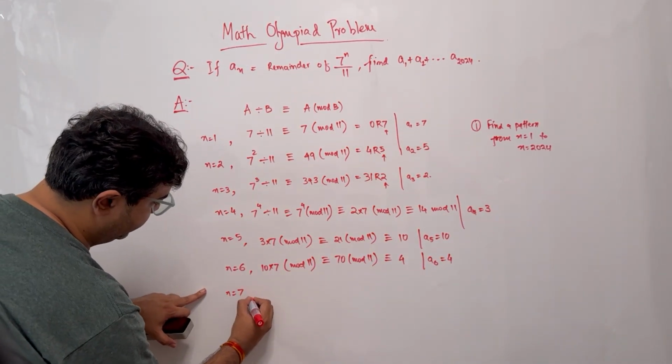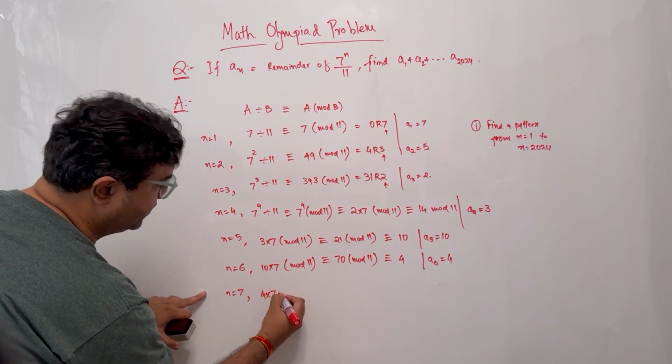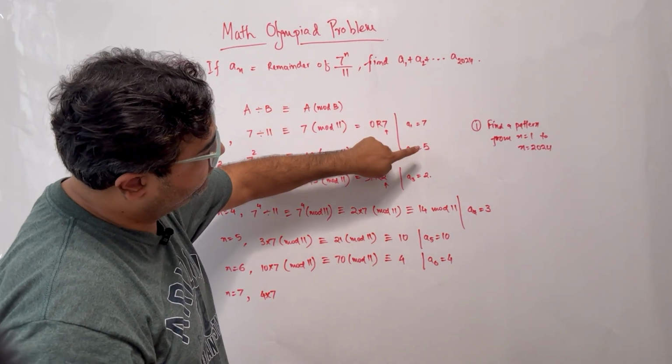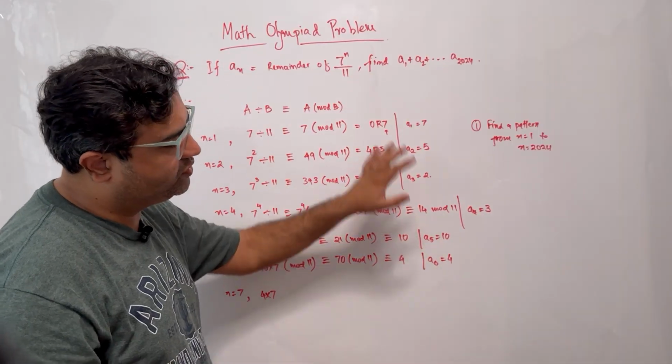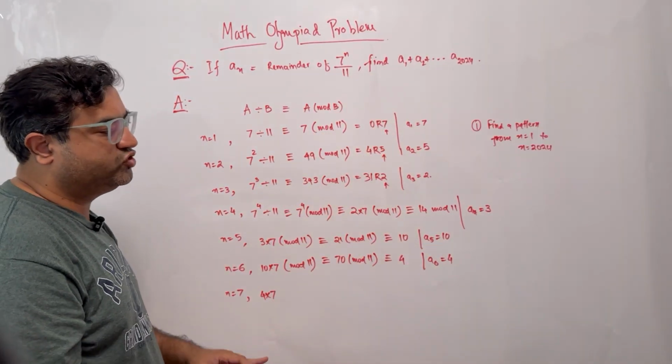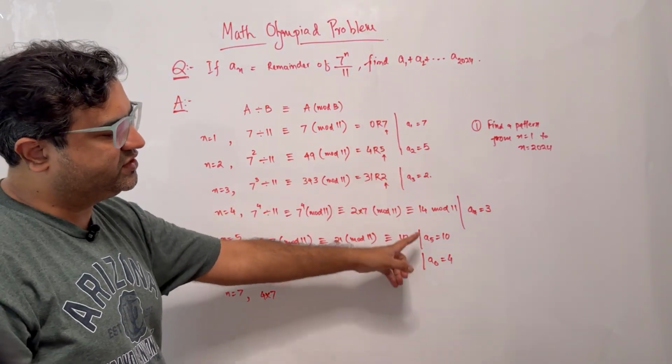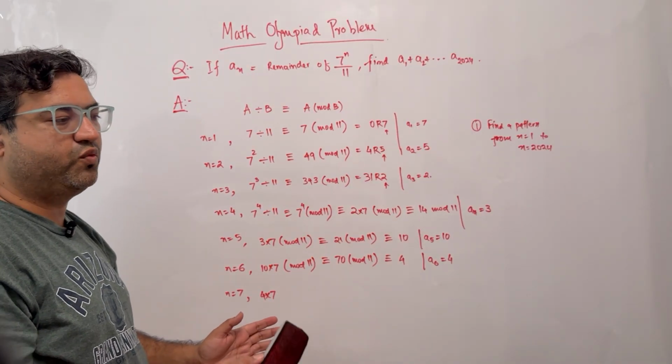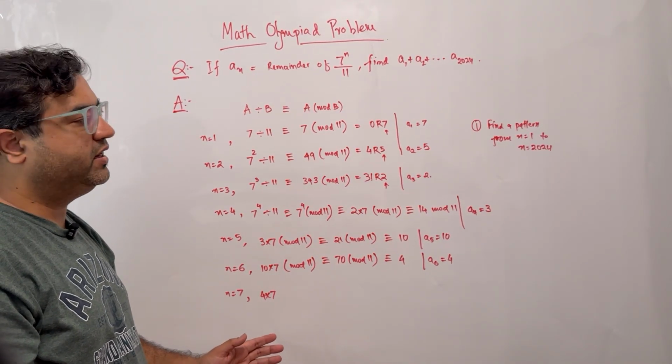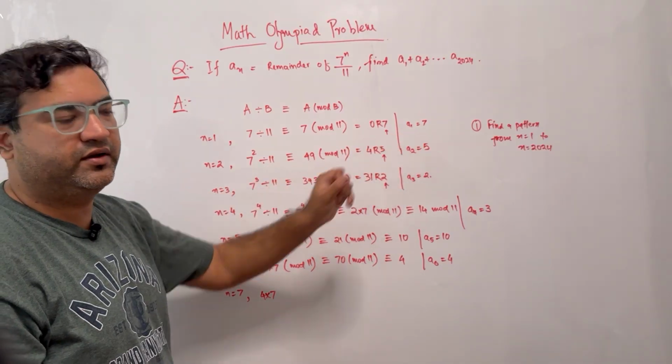N is equal to 6 is 4 times 7. So what we are seeing is 7, 5, 2, 3, 10, 4. There is no repeating pattern yet. So it seems like once it finishes the 10 digits, from 1 to 10 as a remainder, it will have to go back to 7.